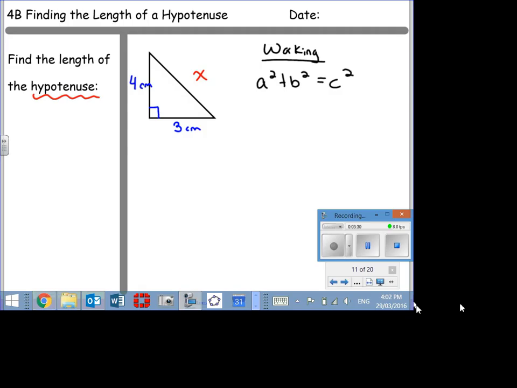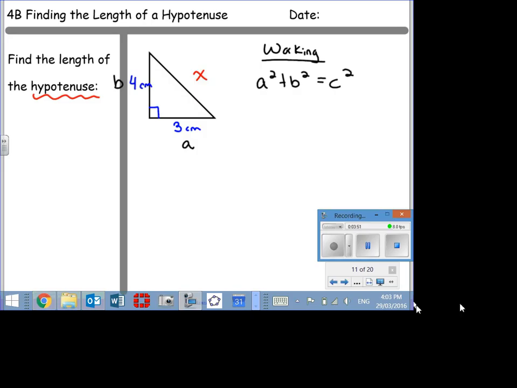Second, I need to figure out what is my A, my B, and my C value according to this picture. So in this picture, my A and my B can be the 3 and the 4, and it doesn't matter which is which. So I could choose 3 to be A, and I could choose 4 to be B, or I could choose 3 to be B and 4 to be A. It's up to you.